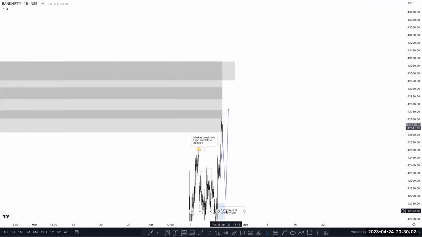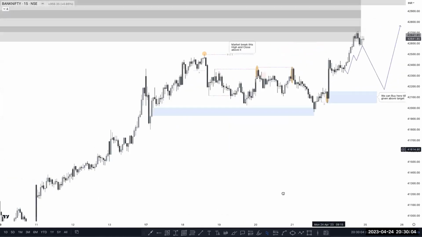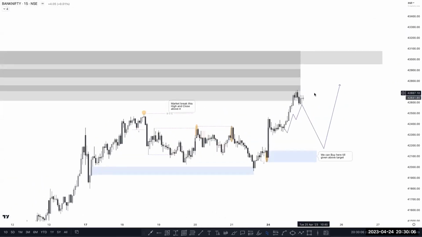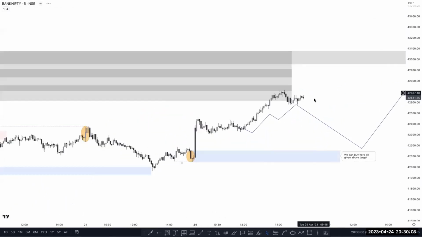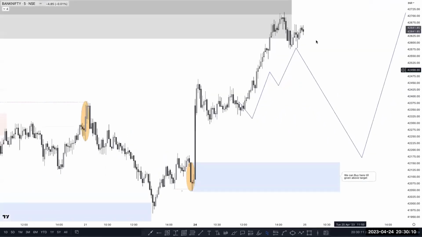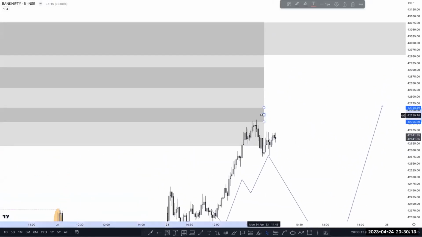Now, how can you deal with this situation? Price taps here. You have to switch here to M5. Okay. The first low broken is a CHoCH, and you have to wait for it to create inducement, right?